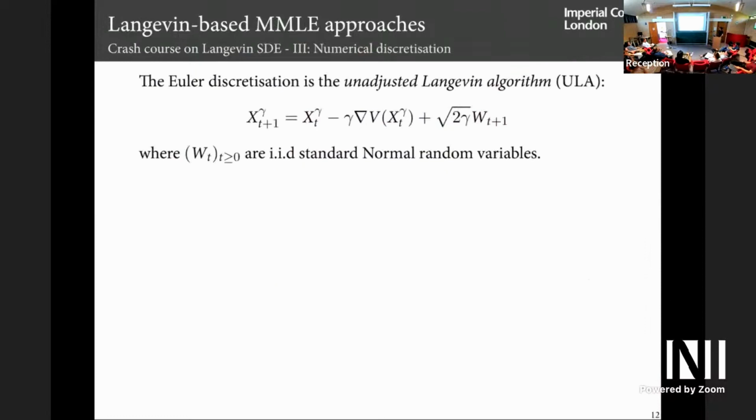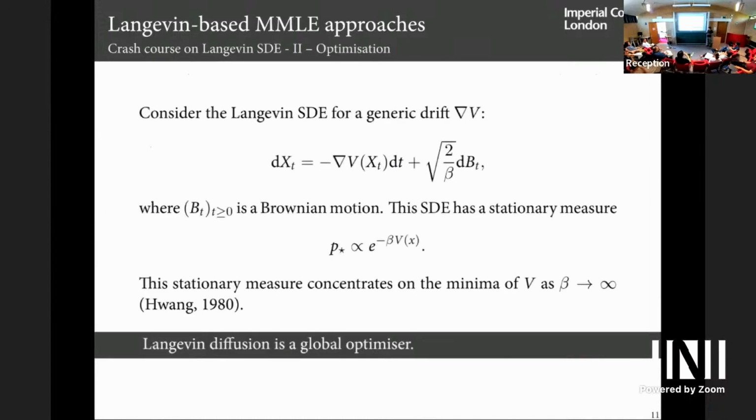And of course, then there are the discretizations. Someone asked why it concentrates on the minima. Well, you are exponentiating, and then beta amplifies this function, just because of the exponential. Beta is the inverse temperature, so you can see that the temperature is zero.